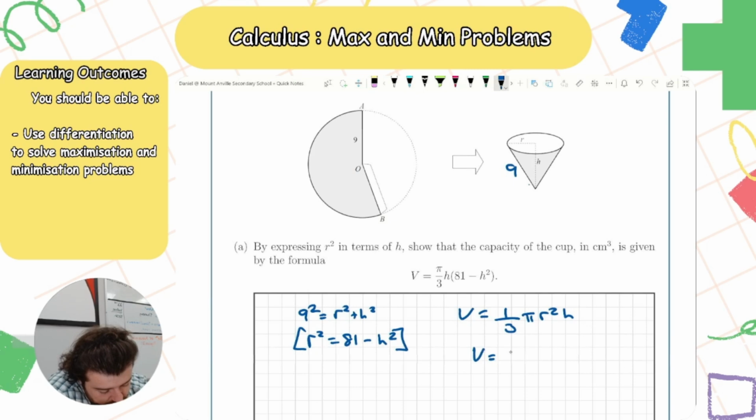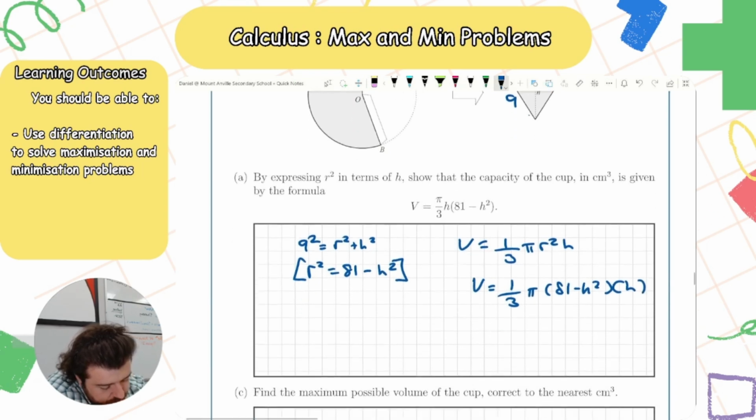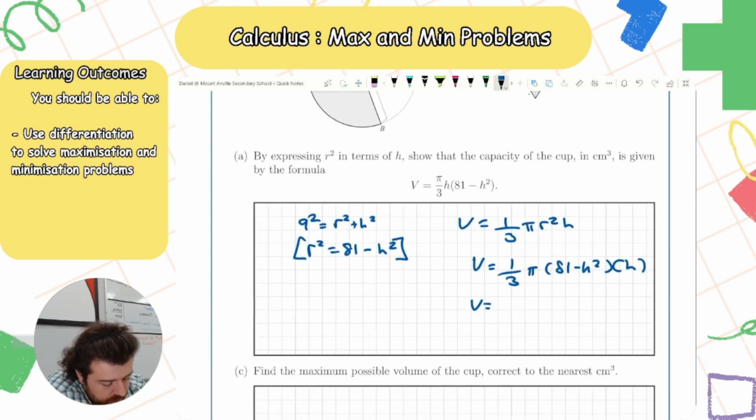So V is equal to 1/3 pi times 81 minus H squared, times H. The volume is going to be equal to 81 pi over 3 minus 1/3 pi H cubed.